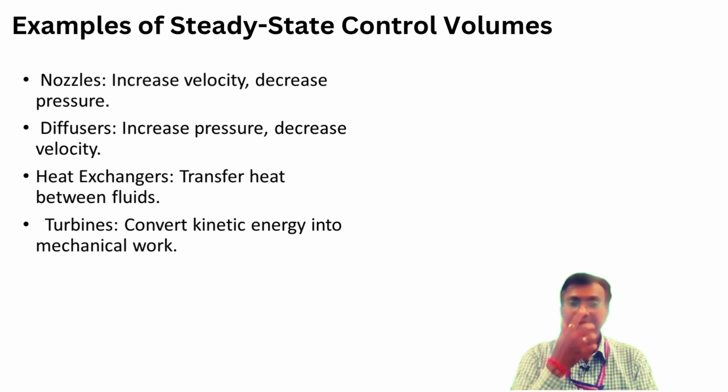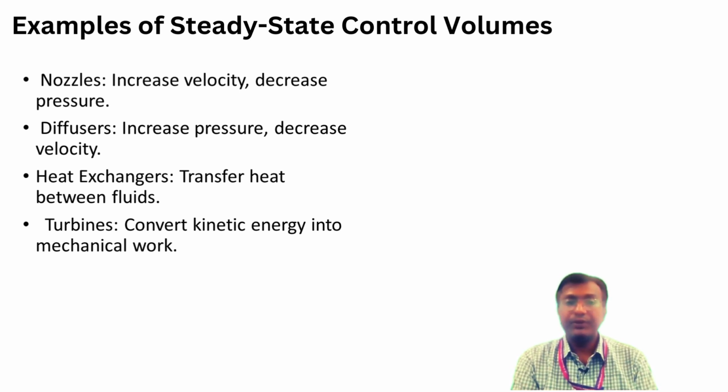Now in the case of a nozzle, the steady state assumption simplifies the design. For instance, a rocket nozzle's divergent shape is optimized using mass and energy conservation to maximize the thrust which we get at the output. Now we can see another example, in which heat exchangers in a power plant transfer heat from steam to cooling water.